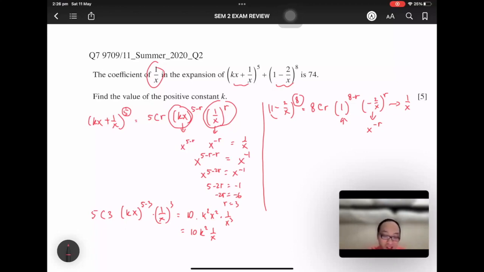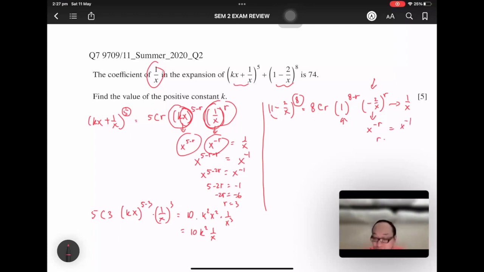This is the difference from the first one. In the first one, x comes from two parts, so I looked for the x from the two parts. But here, the x comes only from the last part. So I take only the last part to find r. It equals 1 over x, again x to the power of negative 1.